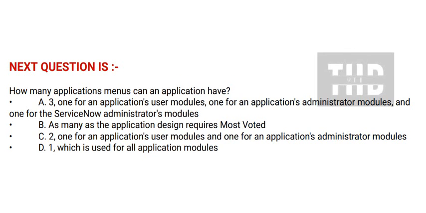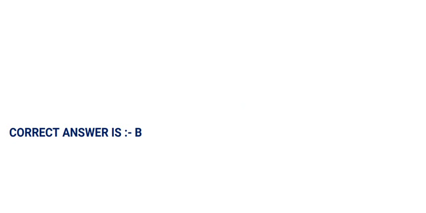Option C, 2: 1 for an application's user modules and 1 for an application's administrator modules. And option D, 1 which is used for all application modules. And the correct answer is option B.